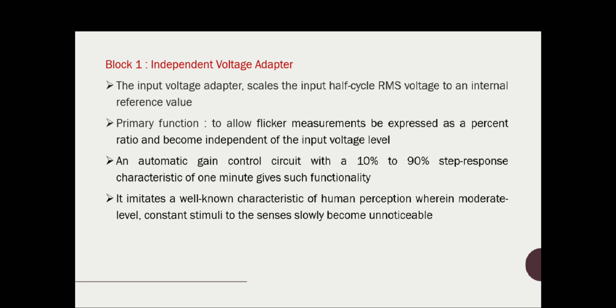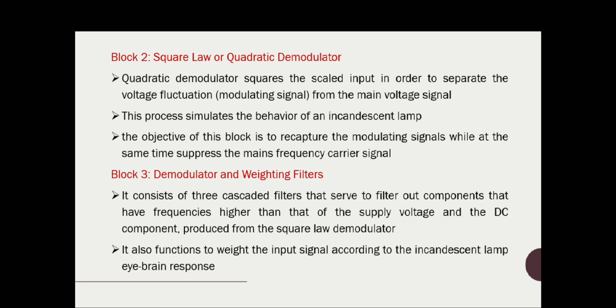Block 2 is a square law quadratic demodulator. Block 2 is simply a squaring demodulator that squares the input to separate the voltage fluctuation from the main voltage signal, thus simulating the behavior of the incandescent lamp.